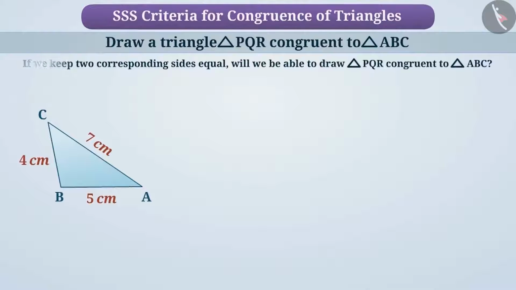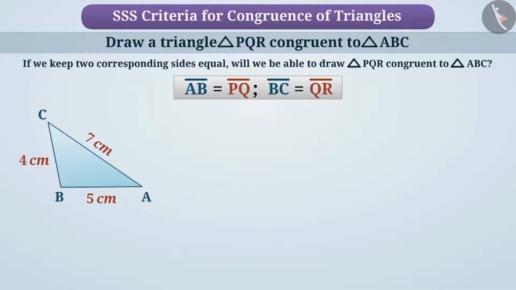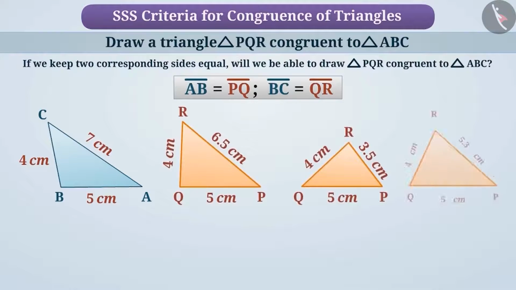Similarly, if we keep two corresponding sides equal, will we be able to draw triangle PQR congruent to triangle ABC? Think for a while. Let me tell you, if we keep the side AB equal to PQ and the side BC equal to QR, then we can draw triangle PQR in different ways.